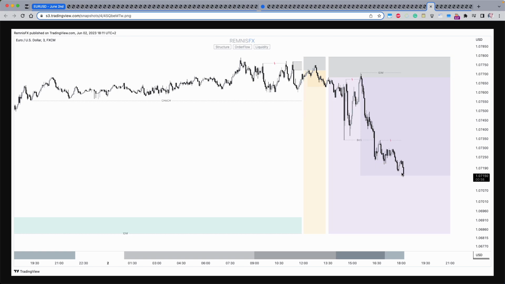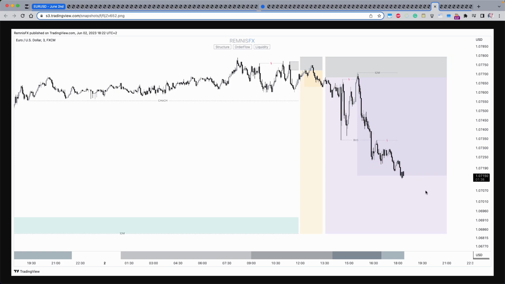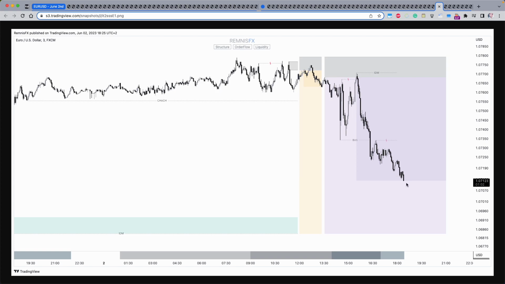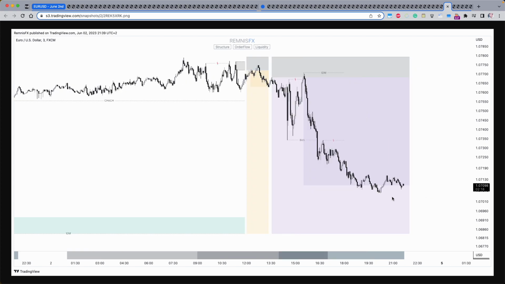And now later on, obviously, it pushed lower and lower. And then it again started to kind of range, right? And at this point, I noticed, okay, New York session is about to close with 21 minutes to go. So I was definitely considering closing my positions early, right?